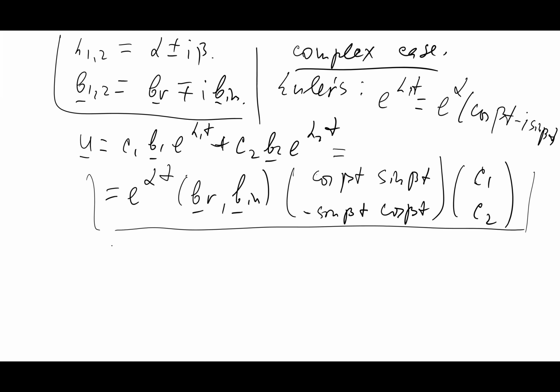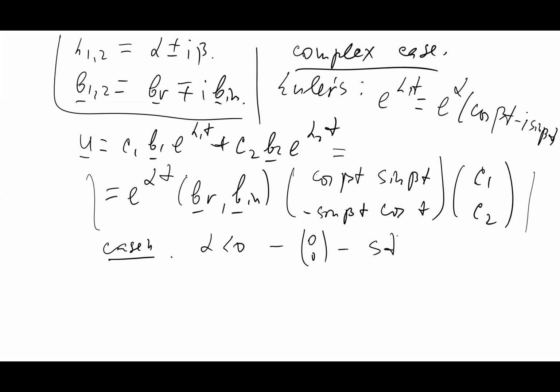And here we have extra cases. So there were, let's say, 3 cases before. Case 4, when alpha is negative. Then 0, 0 is stable, and it's called stable spiral or stable focus. And case 5, alpha positive.